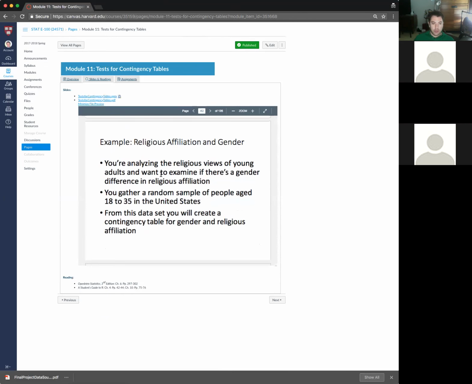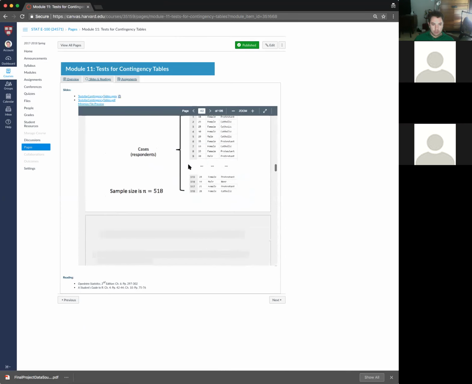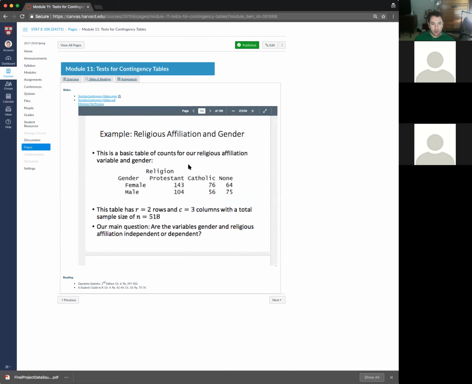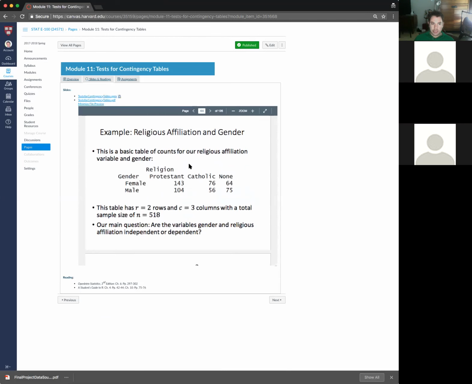So we could use the example again with the religious affiliation, looking at the same sample data set. In this case, now we broke it down by gender. So now we have the religion amongst these different samples, 18 to 35-year-olds, Protestant, Catholic, or none, but we're also adding in a further subset.